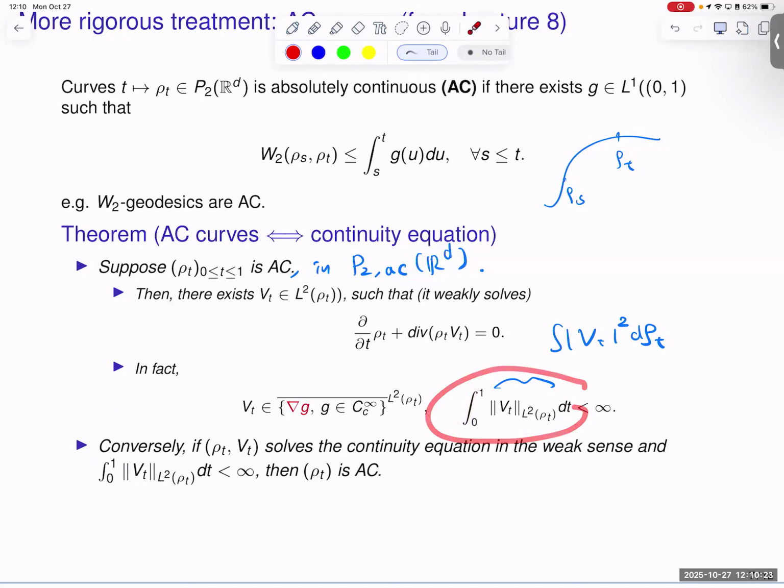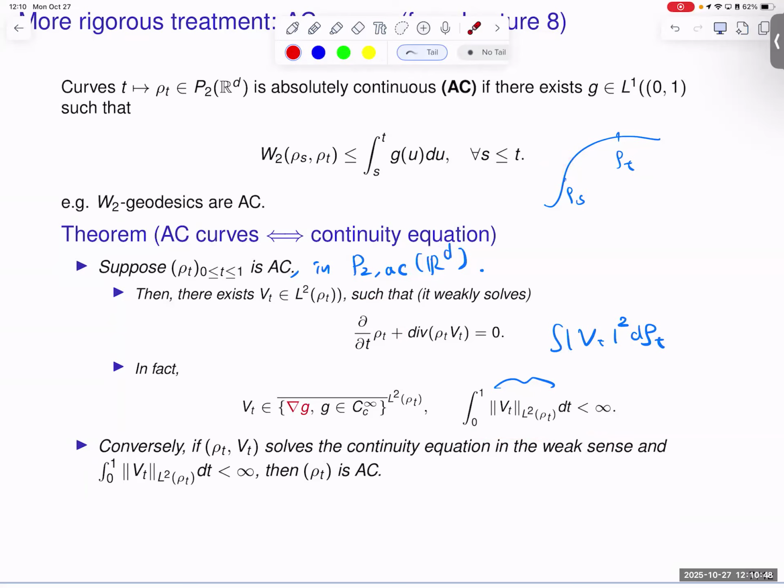So that is some kind of quantity. What is this like? At each point in the curve, you have this vector field corresponding to its velocity, right?